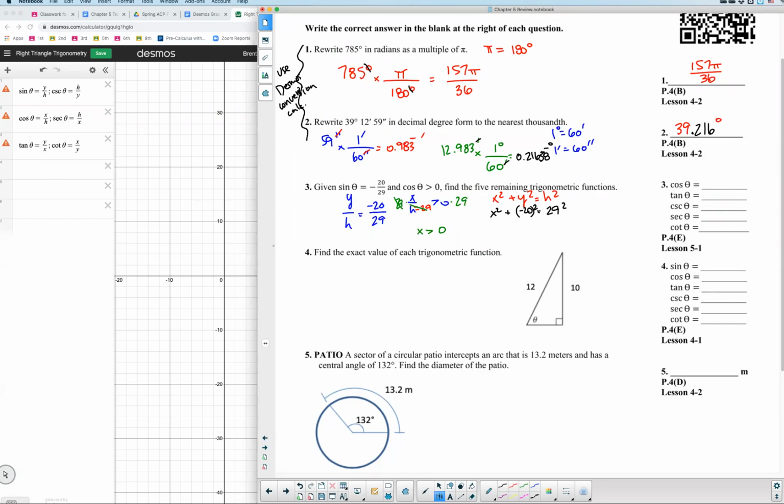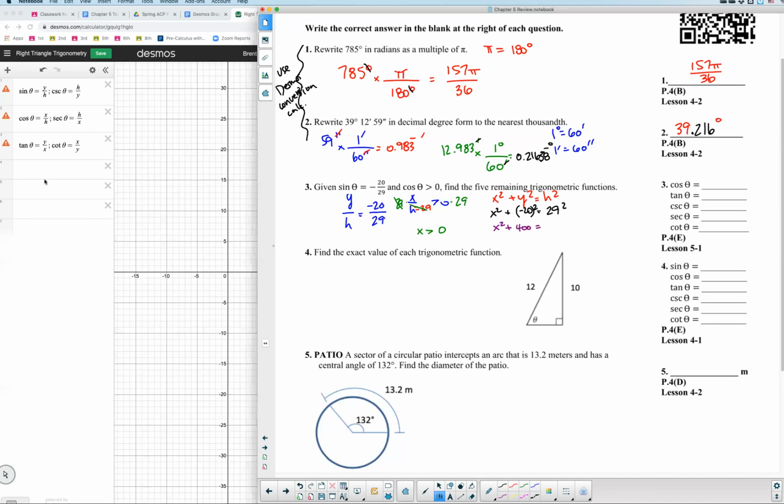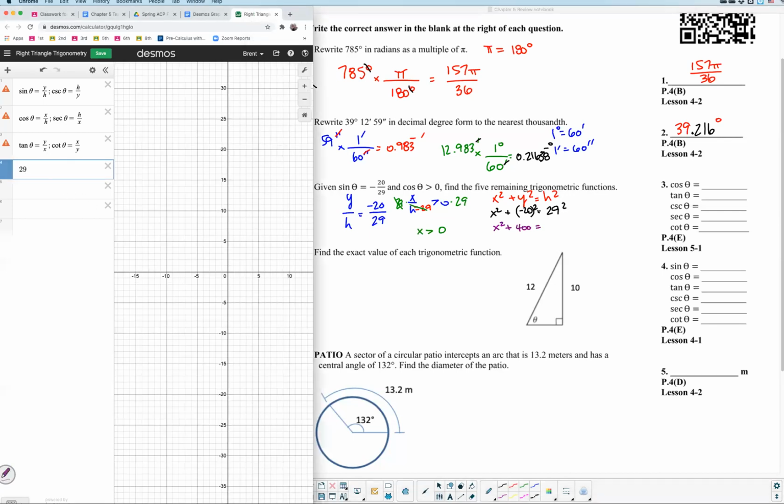Because I have a lot of problems to work through today, if I know the number, I'm going to tell you the number. I know -20 times -20 is 400. That I know. And 29 squared, I do not know. 29 squared, that's 841.